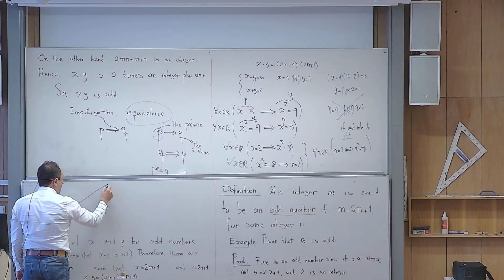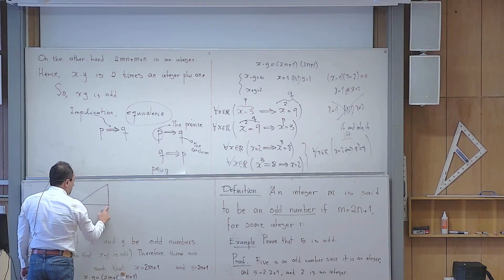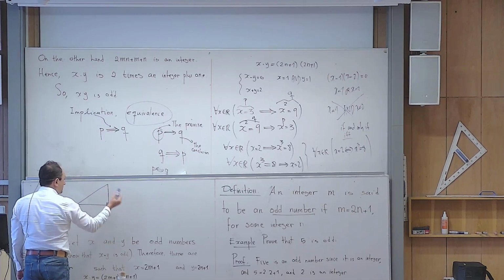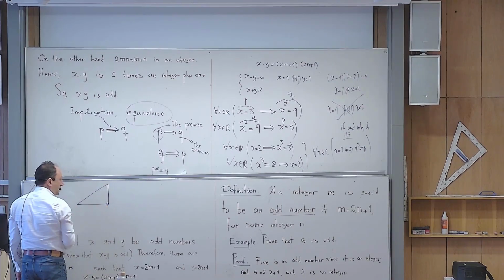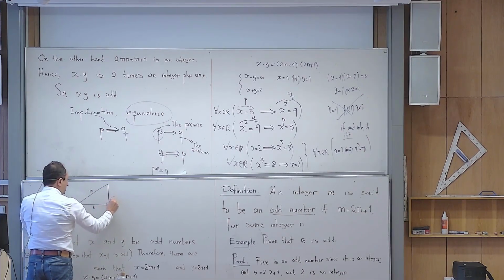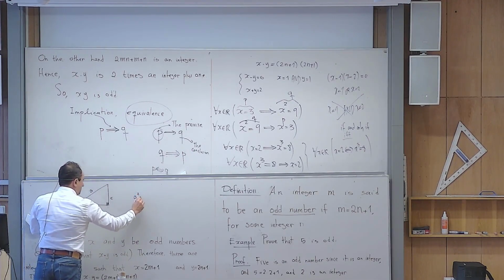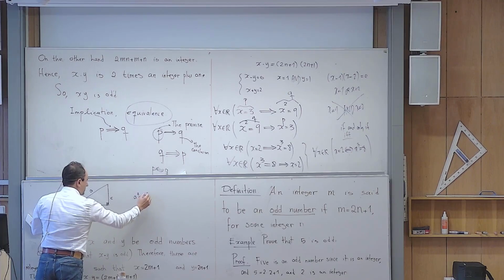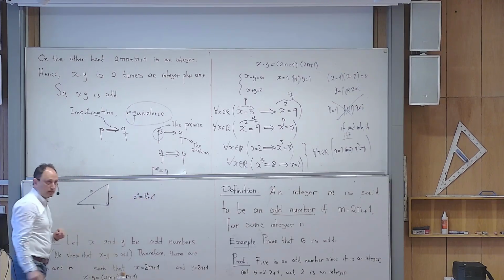If you have a right angle triangle, so let me make it like this. If you have a triangle with a 90-degree angle, then if this is A, this is B, this is C, A squared is equal to B squared plus C squared. Okay?